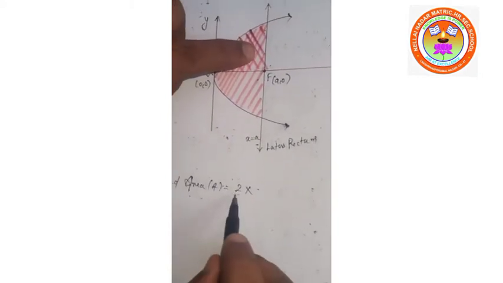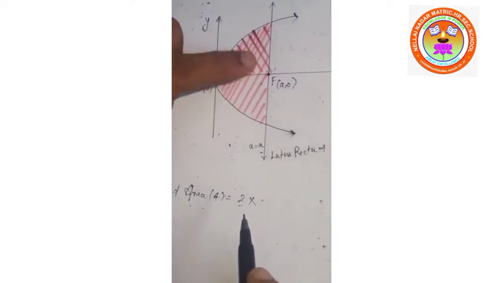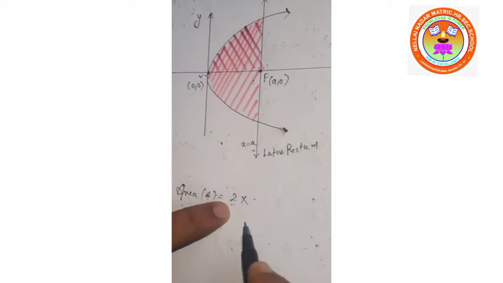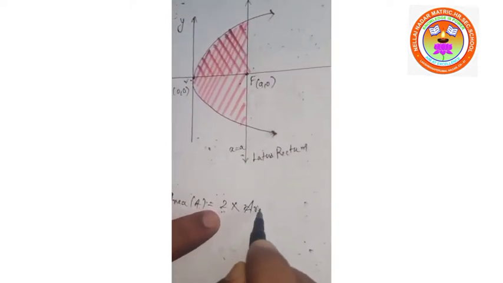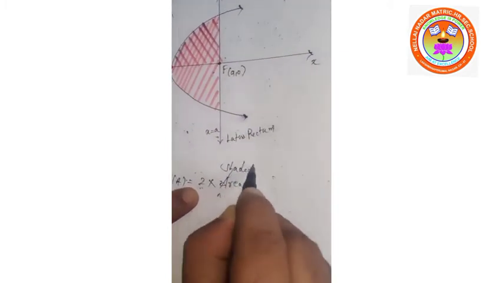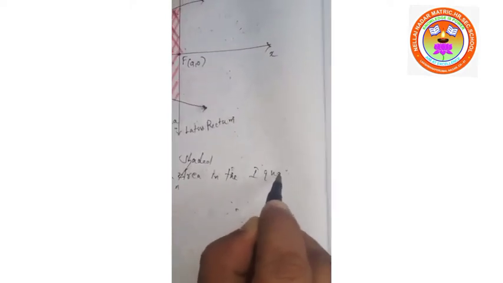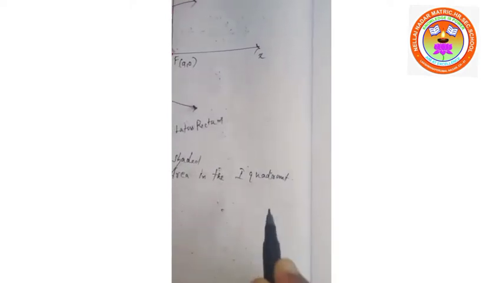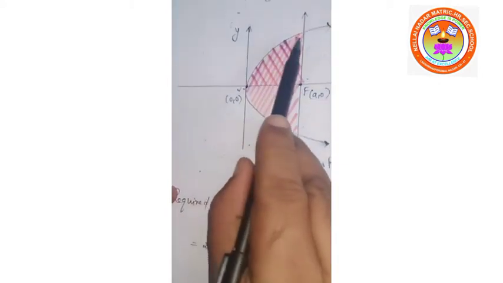Why am I multiplying by 2? Area lies in the first quadrant as well as in the fourth quadrant, same area, so I am multiplying by 2. 2 into the shaded area in the first quadrant, equals 2 into this area.